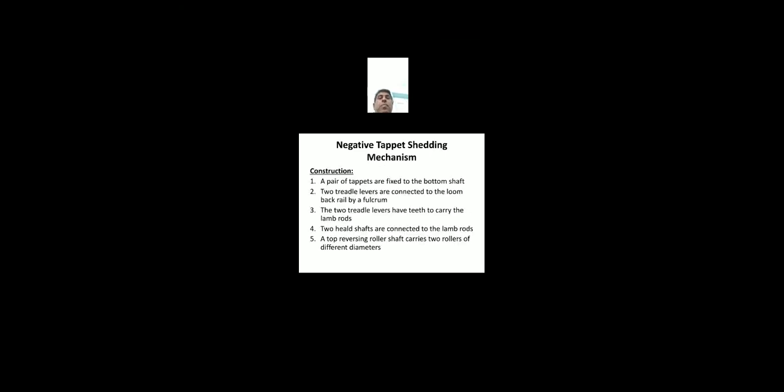These are the parts of the negative tappet shedding mechanism.